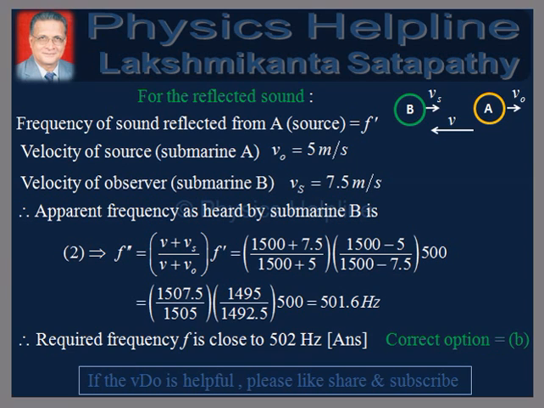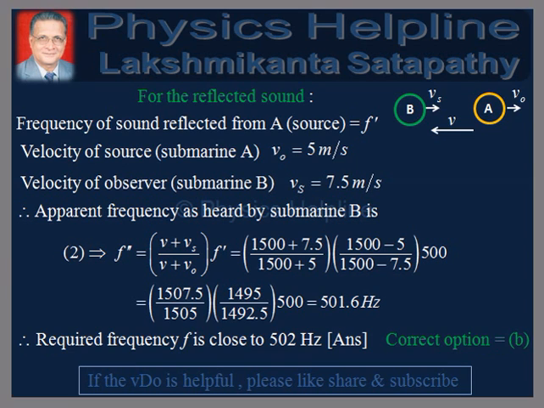Now for the reflected sound. Sound is reflected from A, therefore A is the source of reflected sound of frequency f' and B is the observer. Therefore, direction from A to B is taken as positive.